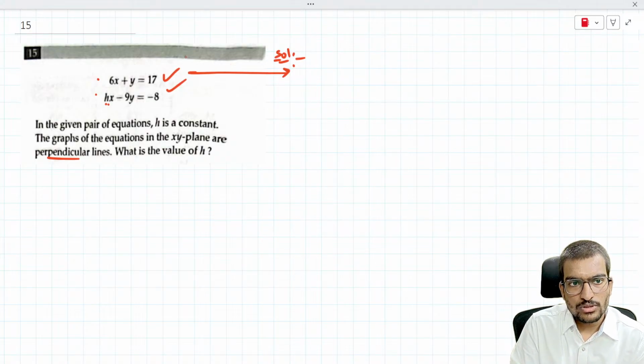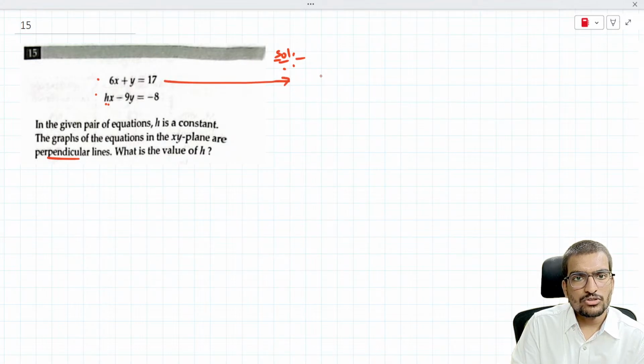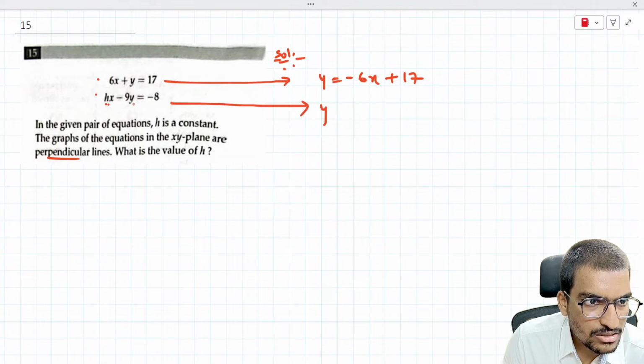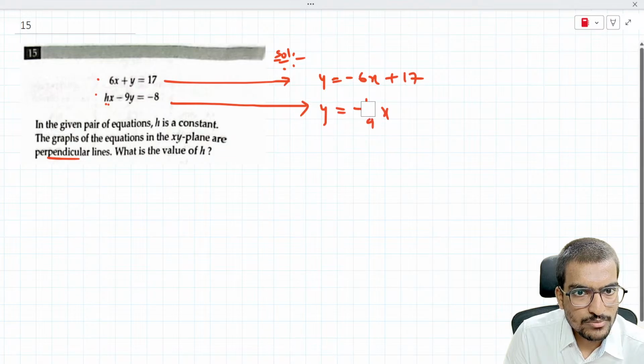Here, the first equation, I turn it into y equals mx plus c format. So that's going to be y equals negative 6x plus 17. And then the second one. Let me write two steps so as not to make it complicated.